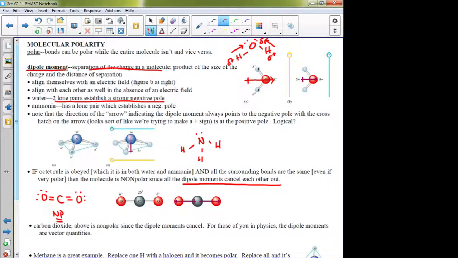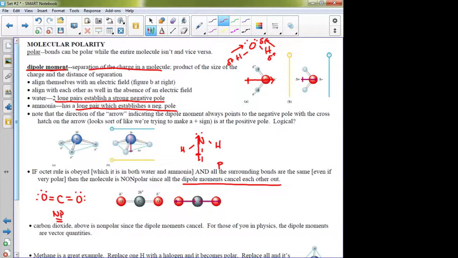Polar. We're going up towards nitrogen, leaving these positive hydrogens at the bottom. Why? Because ammonia has that lone pair, which is establishing a strong negative pole.